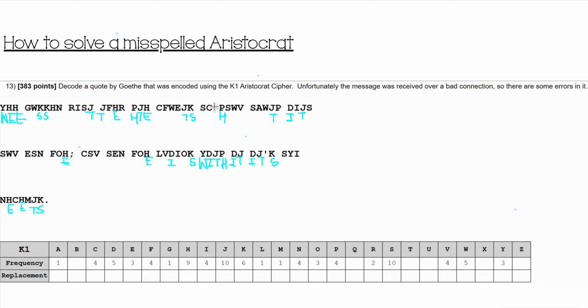Okay, so next I would look over here and try to figure out what this word is. At first I thought it was ideas, but that wouldn't work because T and E are already taken. So I think we could try into, and again, I think this is not a misspelled word, but we can check and see if it works. That means we have O over here. If it's over here, I think C would be F, and that would make sense.